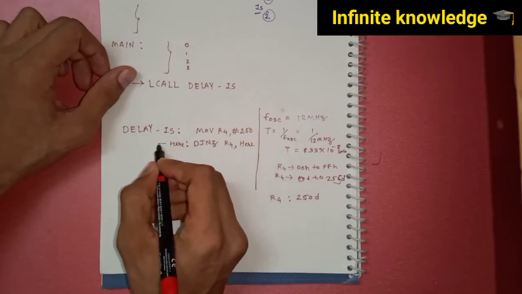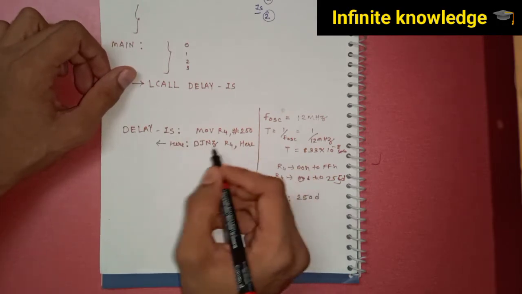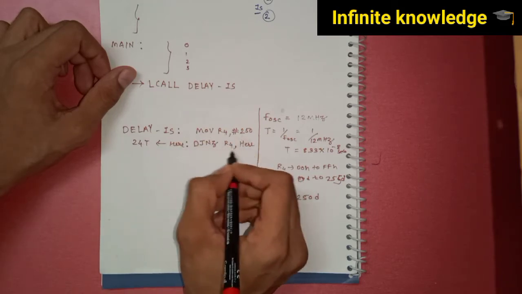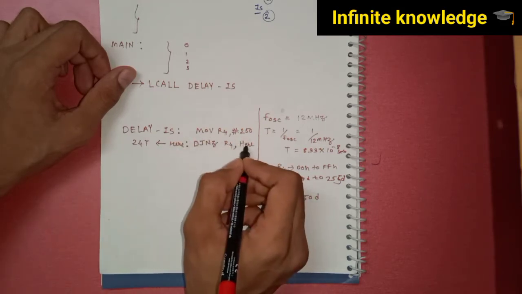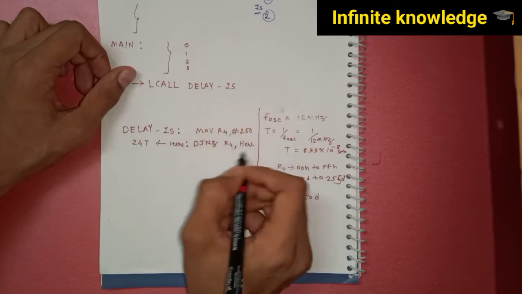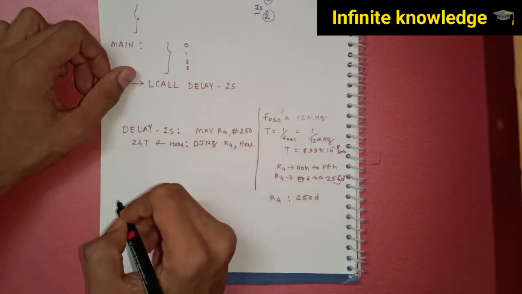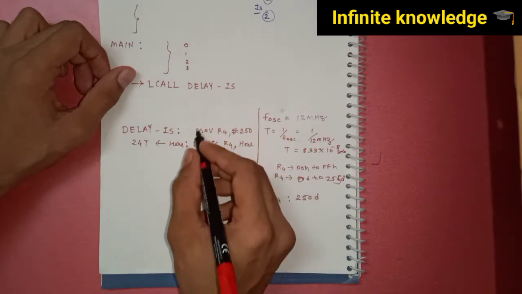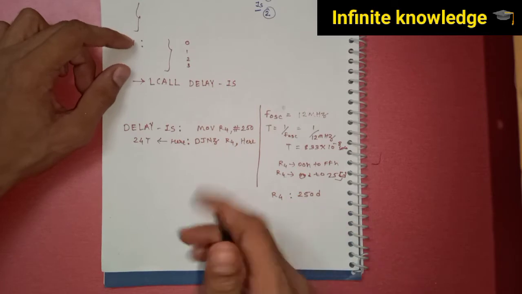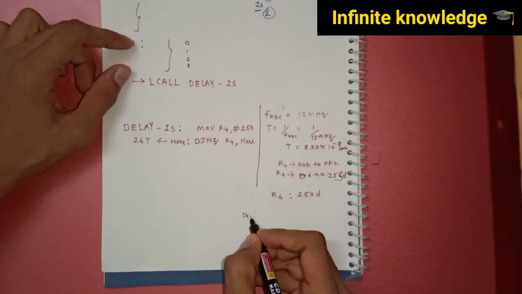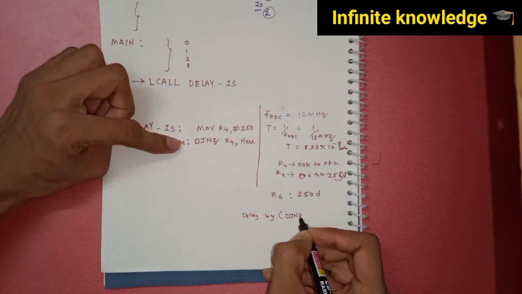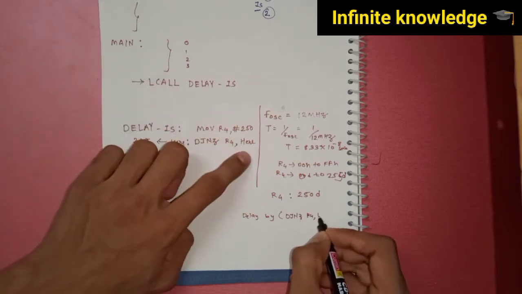So what is the T state for this instruction? You have to remember, it is 24 T state for DJNZ R4 on this location here. If this instruction is executed, then it will take 24 T state. So how much delay do we get by DJNZ R4, this instruction?